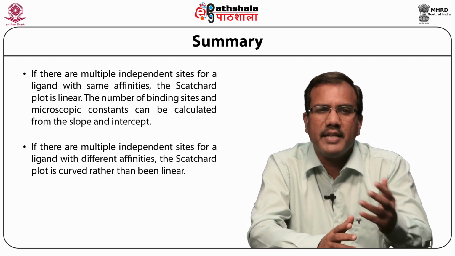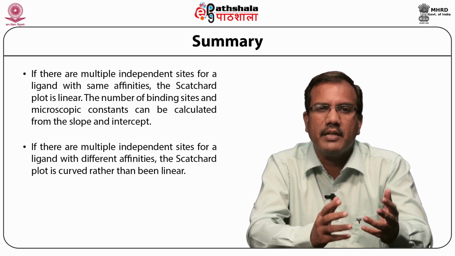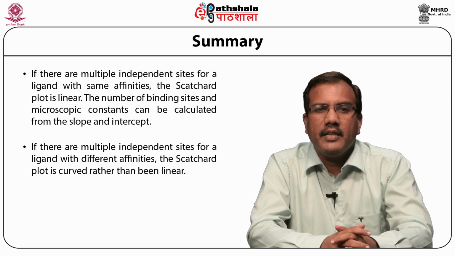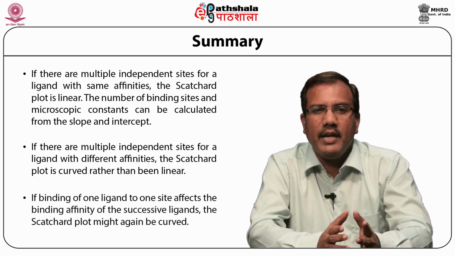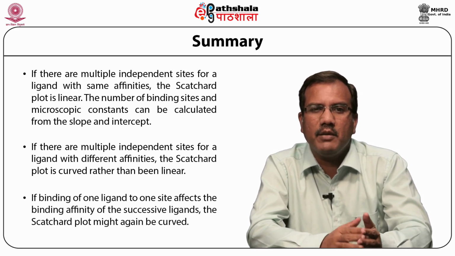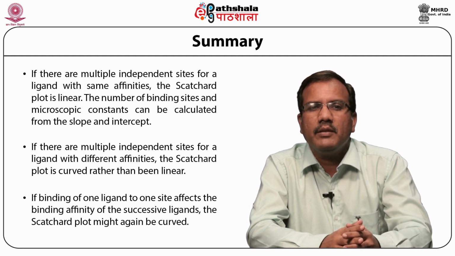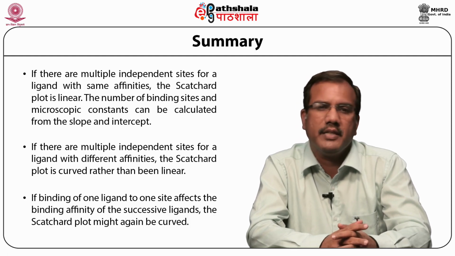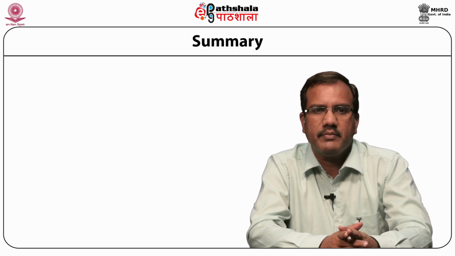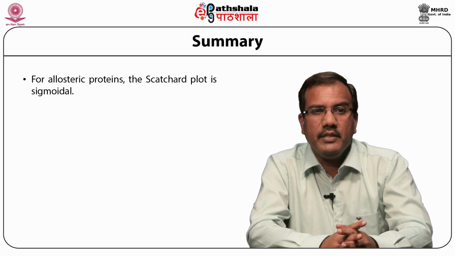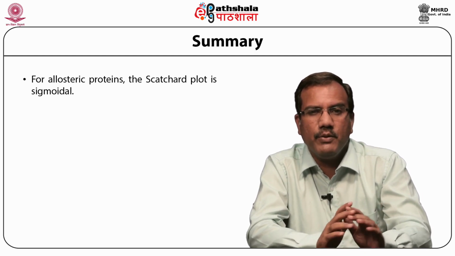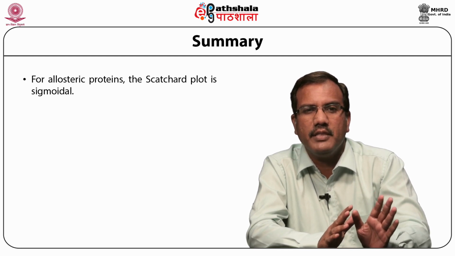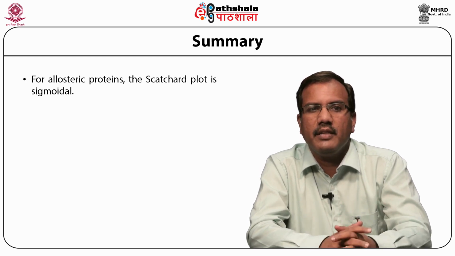So just by looking at the Scatchard plot, you can make a guess about the type of sites present for a ligand. If binding of one ligand to one site affects the binding of successive ligands, the Scatchard plot might again be curved. For allosteric proteins, the Scatchard plot is sigmoidal. So if you see a sigmoidal curve, it means allosteric proteins are present and cooperativity is there.